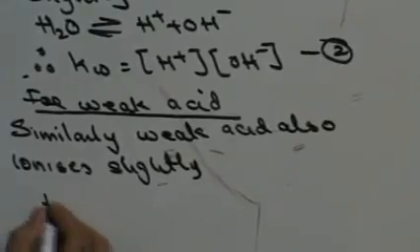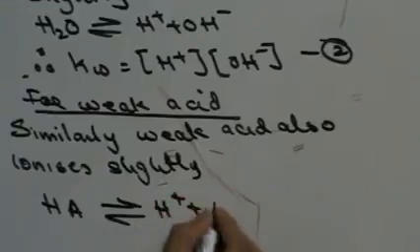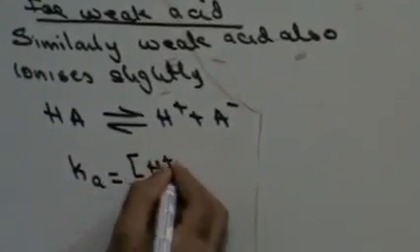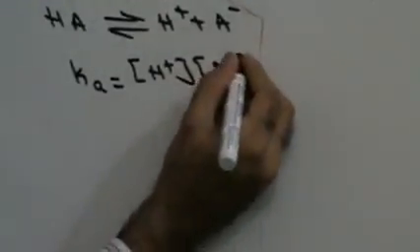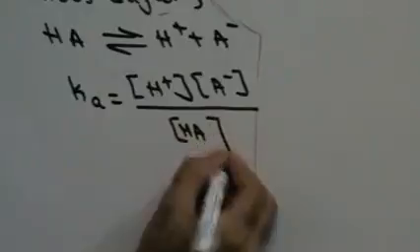Now weak acid HA will ionize slightly to give you H plus plus A minus. So if I apply law of mass action, I will get dissociation constant of acid is going to be active mass of the product upon active mass of the reactant. Call this as equation 3.